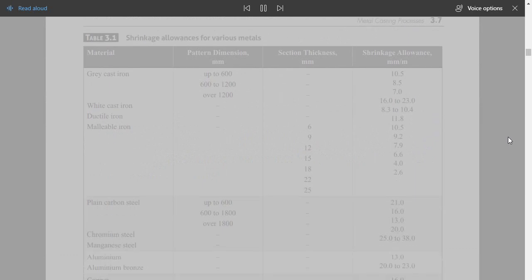Table 3.1 Shrinkage allowances for various metals. Material, pattern dimension, section thickness, shrinkage allowance in mm/m. Gray cast iron, white cast iron, ductile iron, malleable iron.